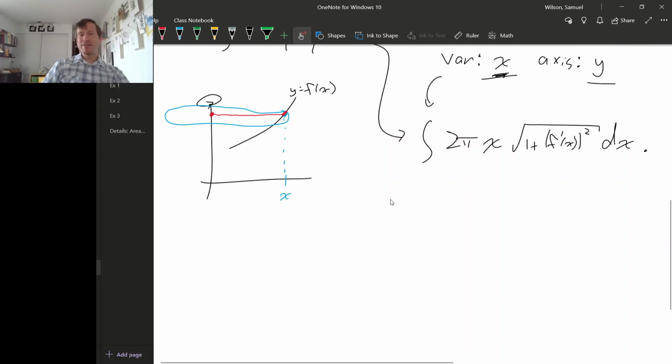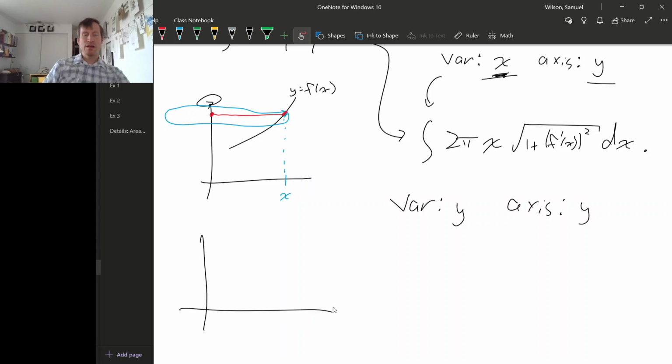Let's look at one other variation, which is when the independent variable is y and the axis is also y. So if the independent variable is y, that means that you must have a function of y instead of x. So it would look like x equals f of y, and we're going from, say, y equals a to y equals b, rotating around the y-axis.